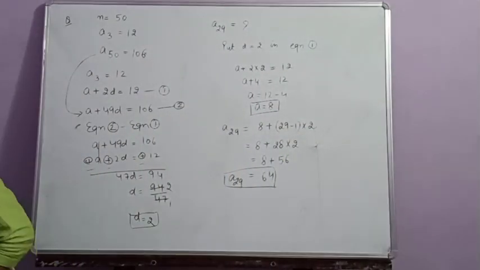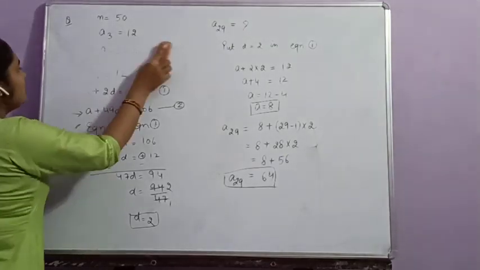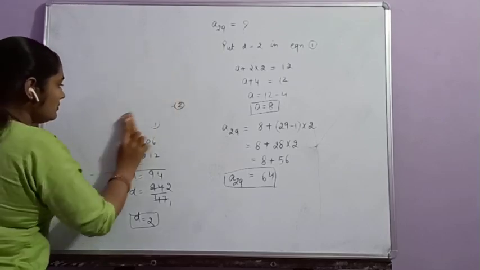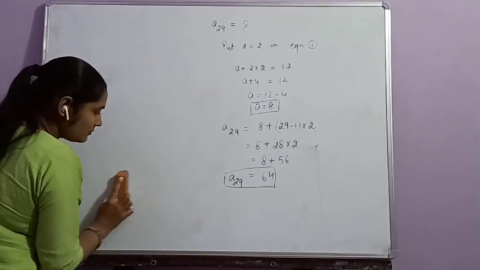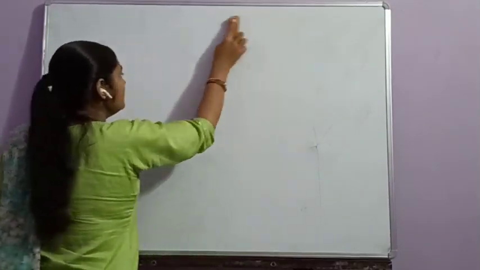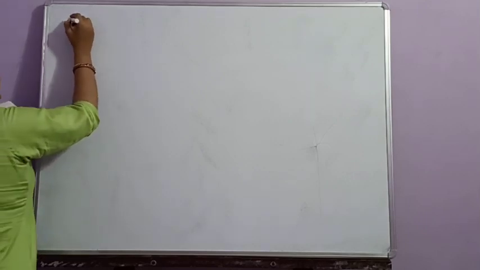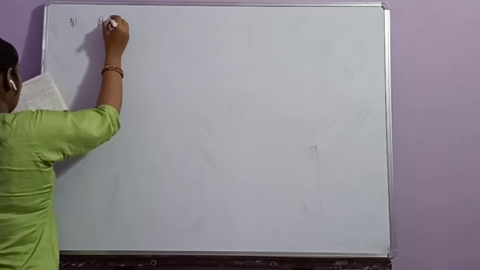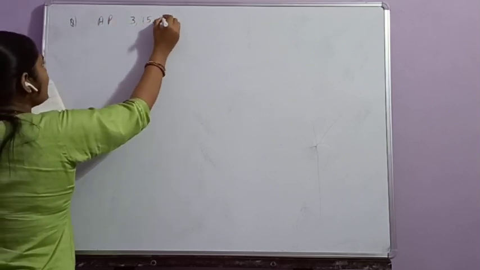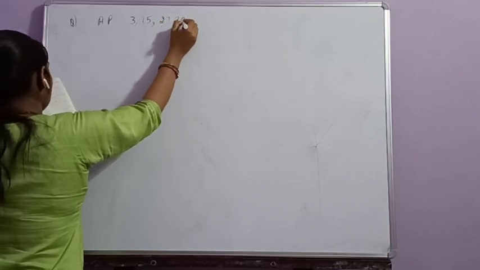Clear? Next question. Which term of the AP is given to us: 3, 15, 27, 39.